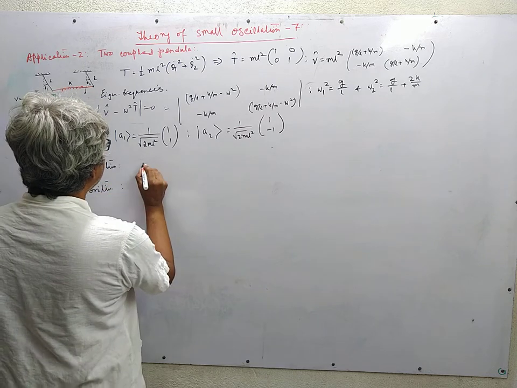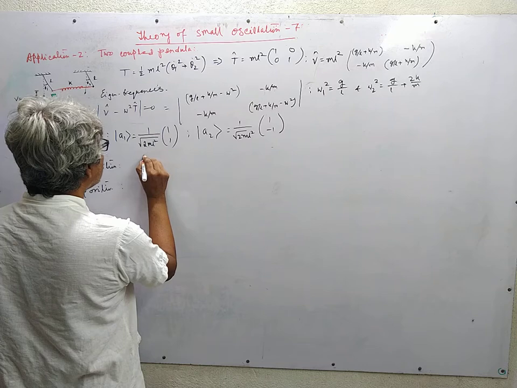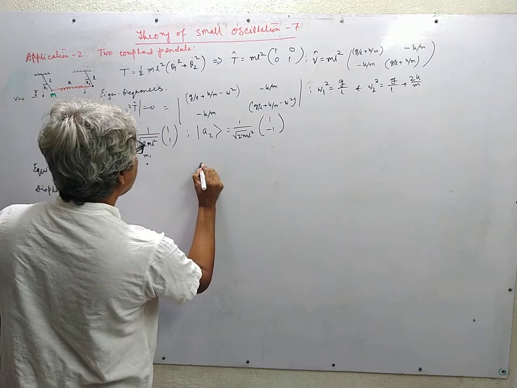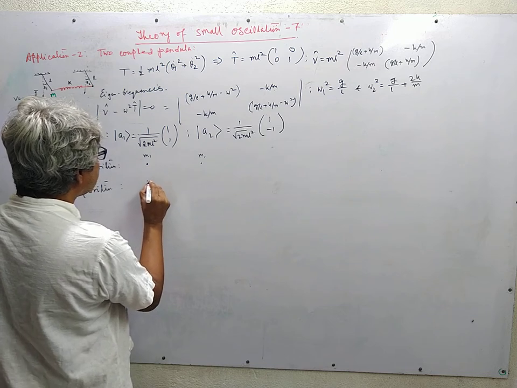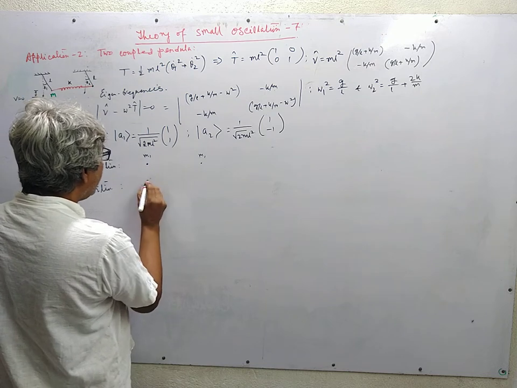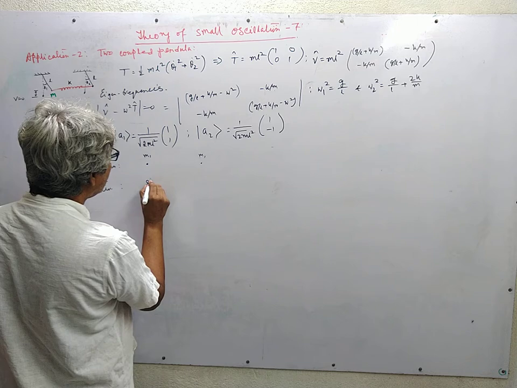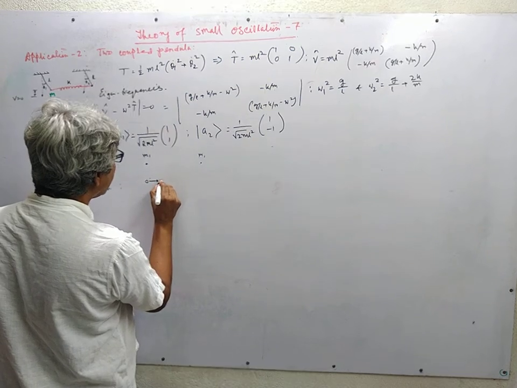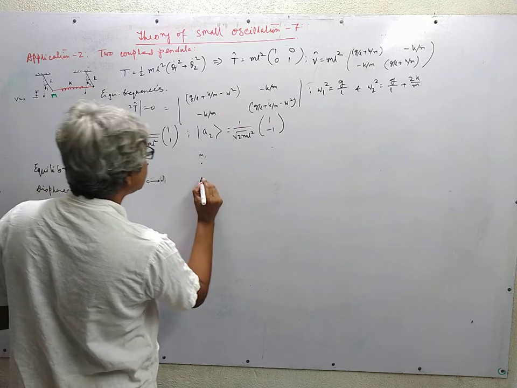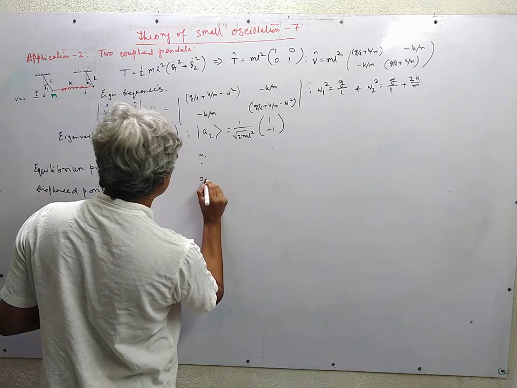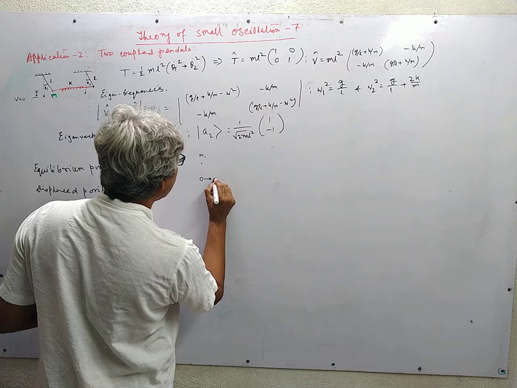So this is the undisturbed or equilibrium position, and this is the displaced position. The equilibrium position is the position of particle 1 and this is particle 2. Displaced position means it has moved to this point. Similarly, this one has moved to there.